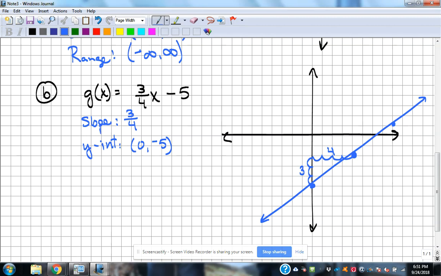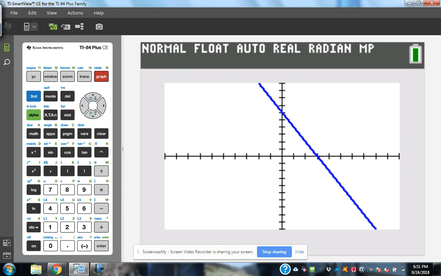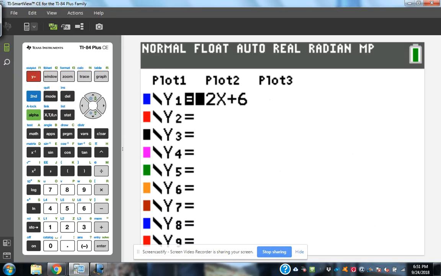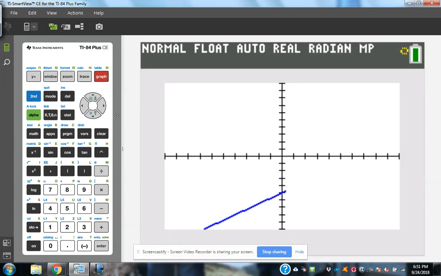I want to see that line with the graphing calculator, which is probably the handiest thing you could do. I'd go to y equals, clear out that one, and put in 3/4. If you just put 3 divided by 4, that's 3/4. x minus 5. Notice it's crossing at 1, 2, 3, 4, 5. That's -5.